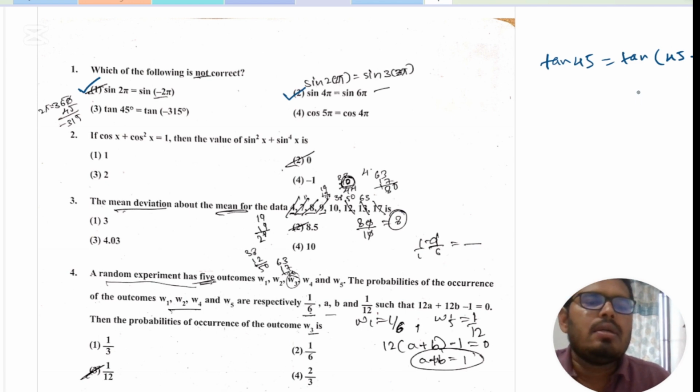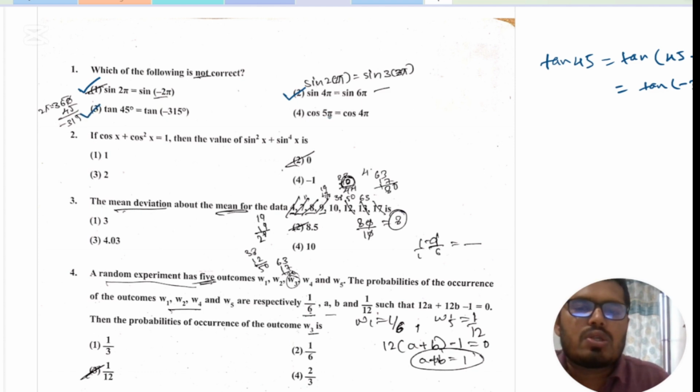If we add 360 degrees to the tan function, there is no change in the function. Then that is equal to tan of 45 minus 360, which is minus 315. Therefore tan 45 is also equal to tan minus 315. Therefore third statement is also correct.